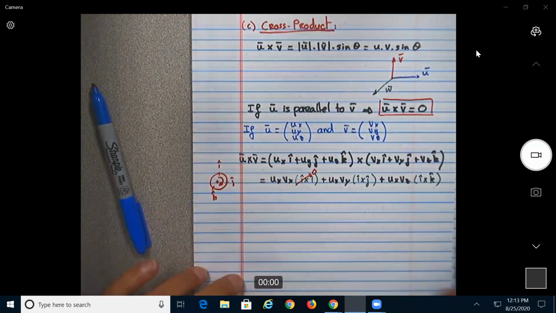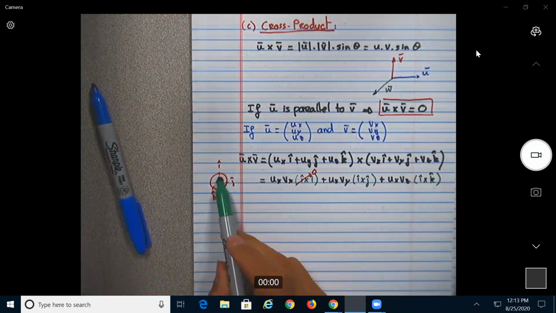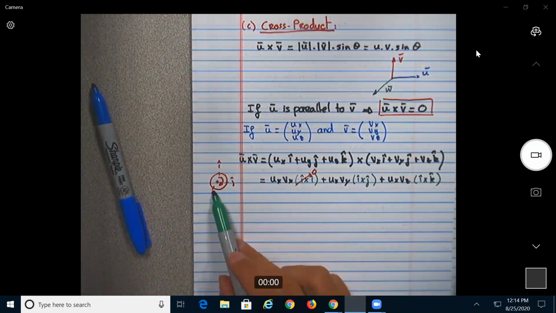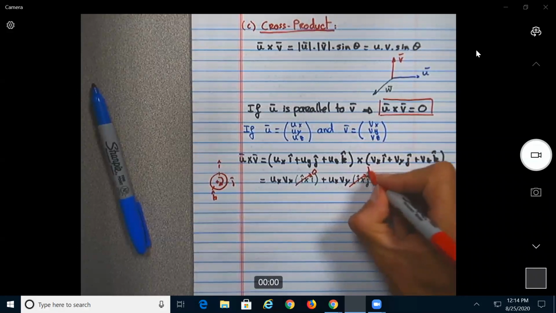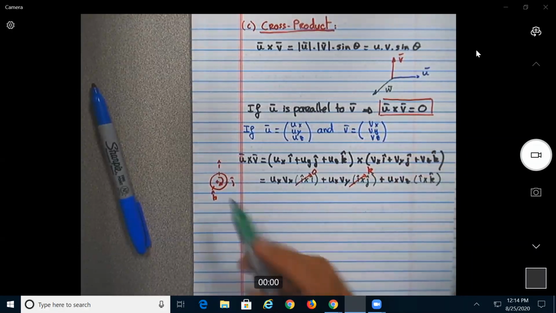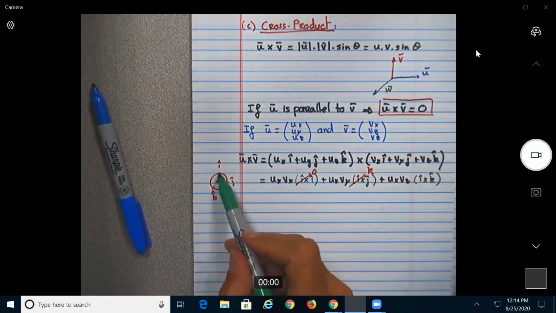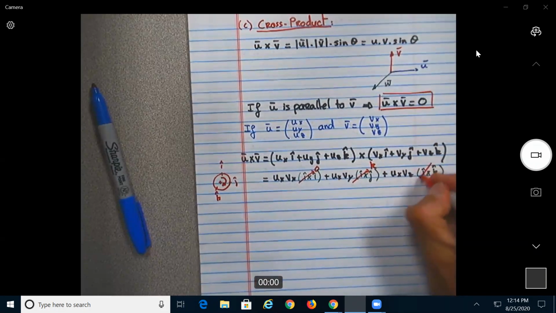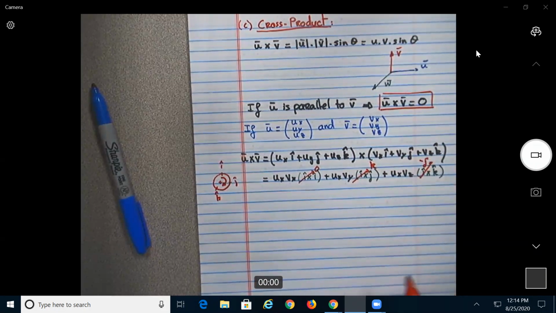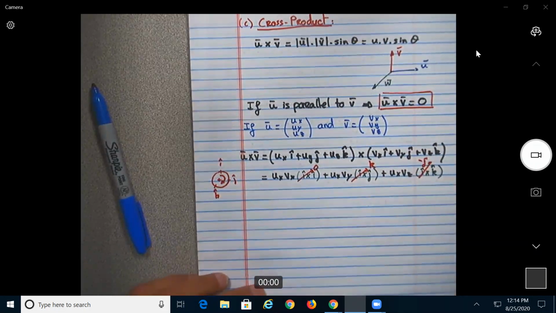So I don't know if you use this or not, but basically what does that mean? That if you do I cross I, 0, no? But if you do I cross J, that would be equal to what? I cross J yields K. Okay, so it would be equal to K. And then I cross K goes in the opposite direction, so that should be equal to negative J. Okay?